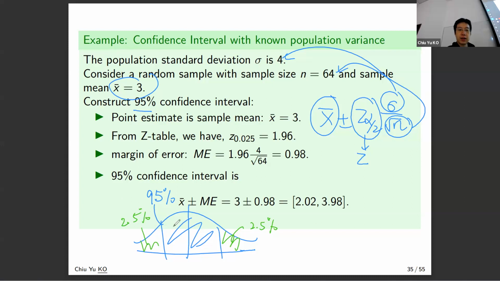That means all the area on the left is 97.5, or 0.975. In Excel, you just do NORM.S.INV of 0.975.